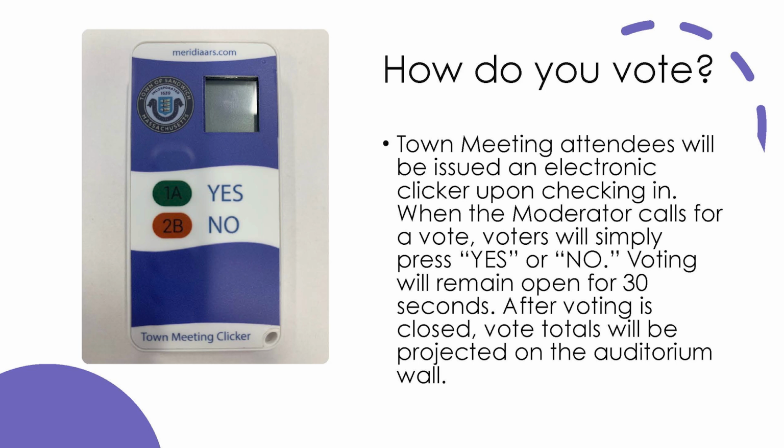So as you can imagine, that took a substantial amount of time. So now we have this electronic voting. It's as simple as we tell you the voting is open, you press yes or no, and then after a period of time, 30 seconds, the voting closes, and it's all tabulated right there on the screen for you. So I think it's a lot smoother, and I think everybody's found it to be pretty easy to utilize.